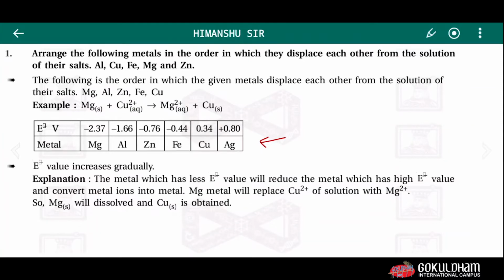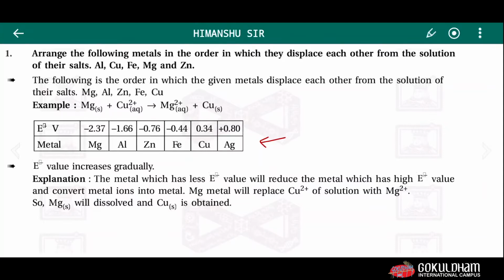So you can arrange this order by the values of EMF. When the value is lower, that element favors the oxidation process, and when the value is higher, the element favors the reduction process.